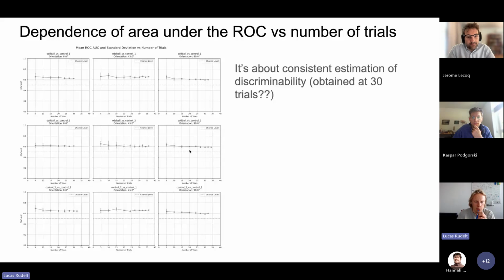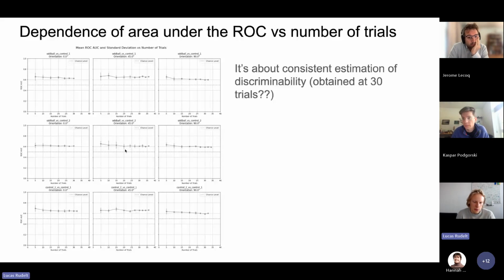So if we had 100 trials from the beginning, the error bars might be much higher here. So it's a bit tricky to interpret this. If you have fewer data points, drawing a line that separates them is easier. That's intuitively what I think is happening here. Yeah, I think you're right. There's a kind of low trial number estimation bias here in our AUC, exactly because of this effect.